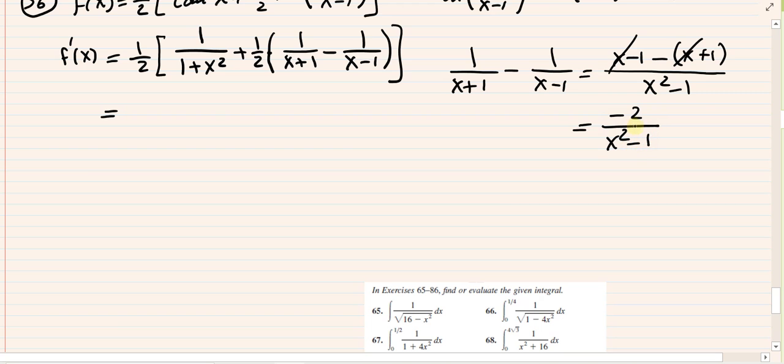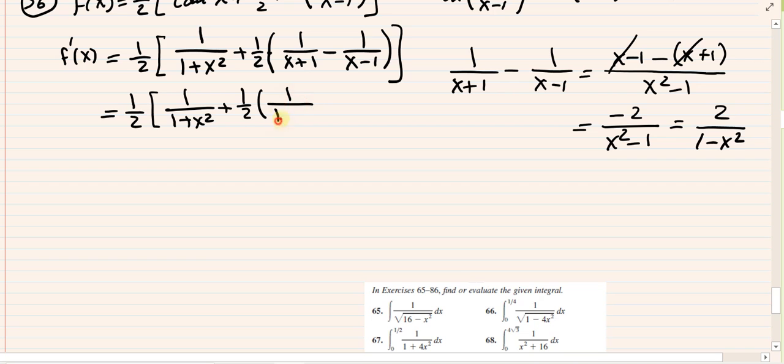Now, negative 2 over x squared minus 1, I can write it as 2 divided by 1 minus x squared, right? Bring the negative in front and distribute it in the denominator. So this becomes 1/2 times 1 over 1 plus x squared, plus 1/2 times 1 over 1 minus x squared. Okay.